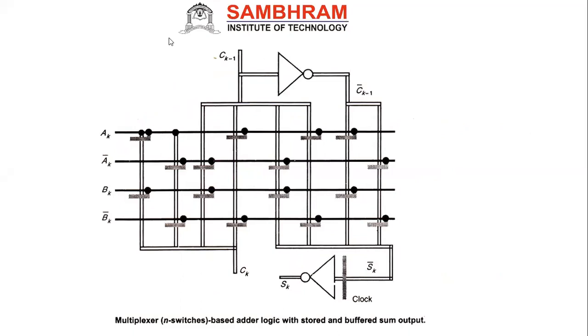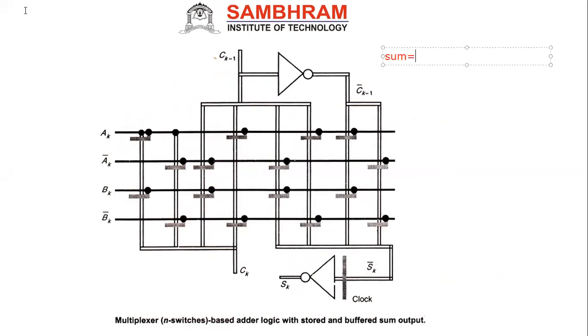How to write it? First, let us write the sum expression. What will be the sum expression in the multiplexer way? Where will I get sum? At 0, 0, 1 I will get sum. Remember, the 0, 0 is nothing but your control signal.